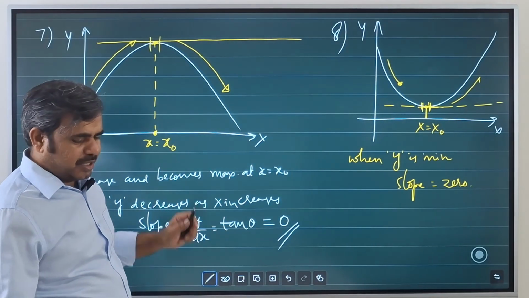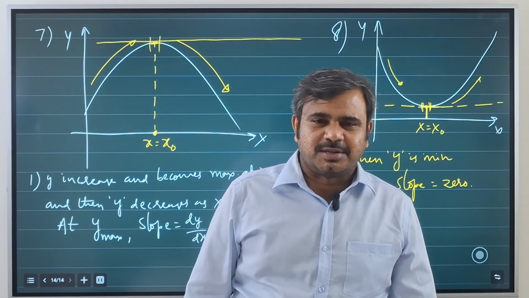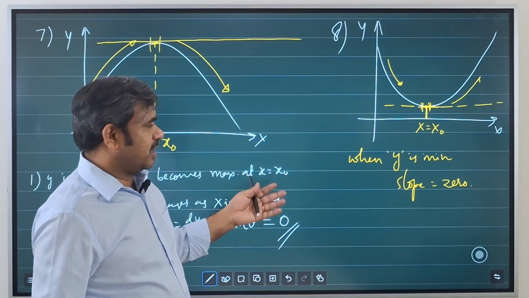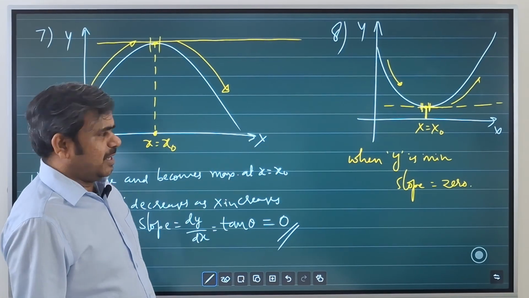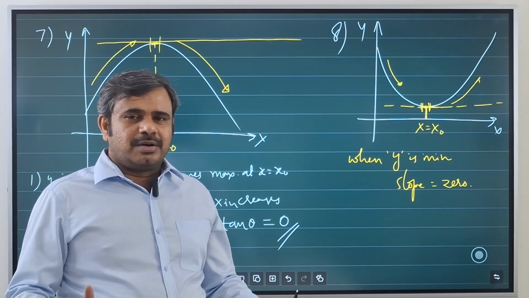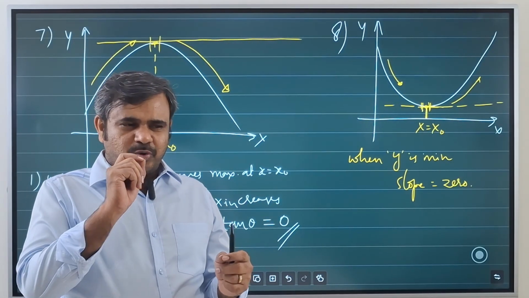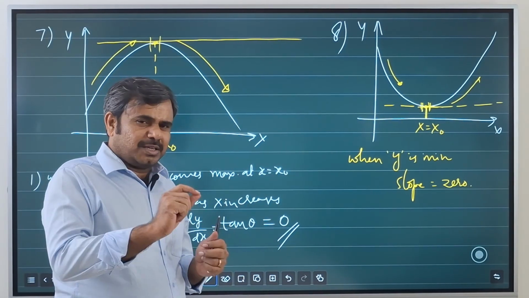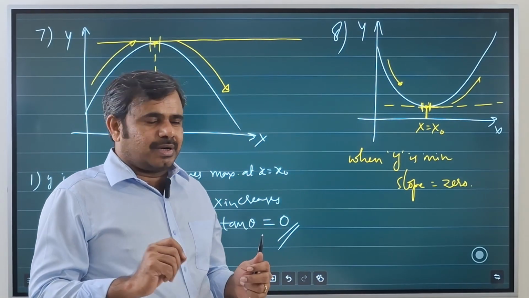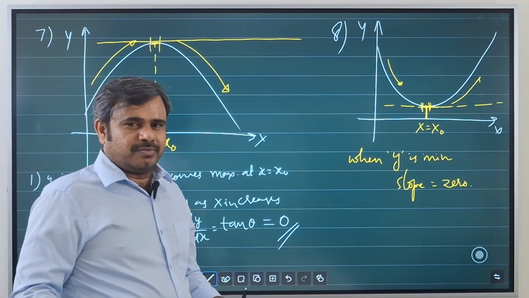Now, how to find the maximum value of y or the minimum value of y for any given function? And when a function is given, how to draw its graph without putting data points? Putting data points on the graph and joining them is not a professional way of drawing a graph.